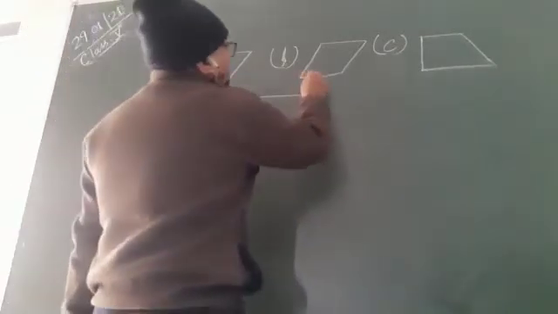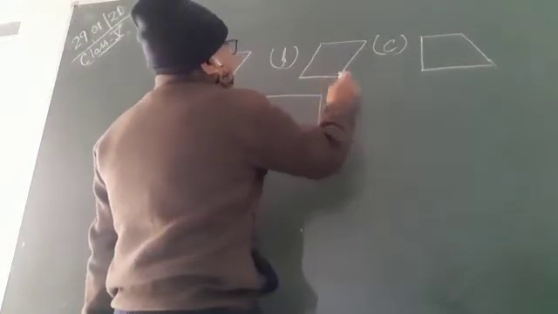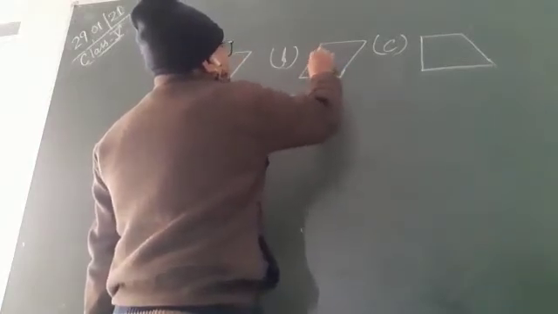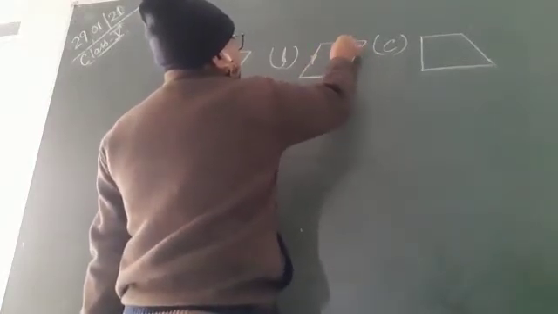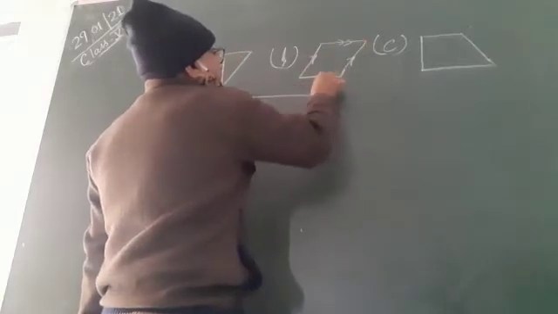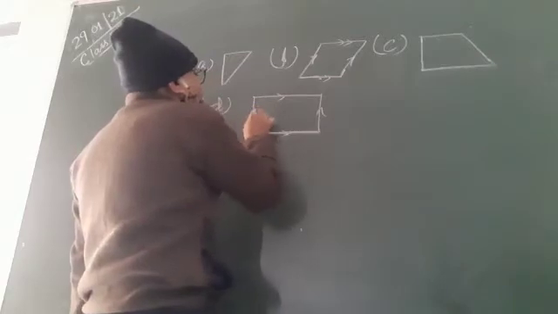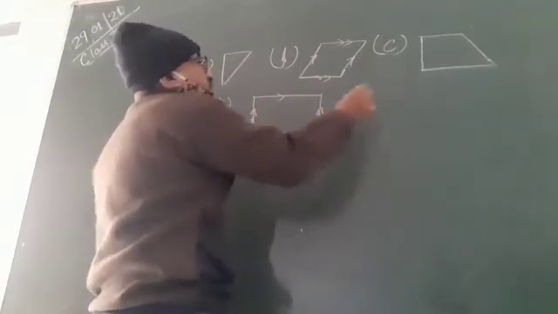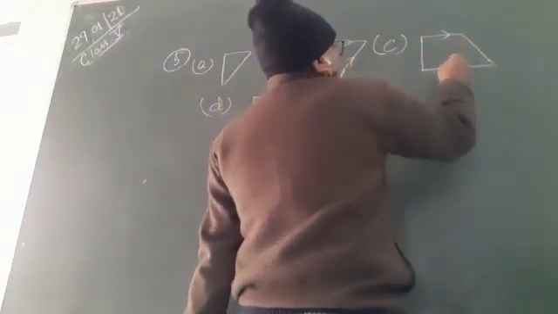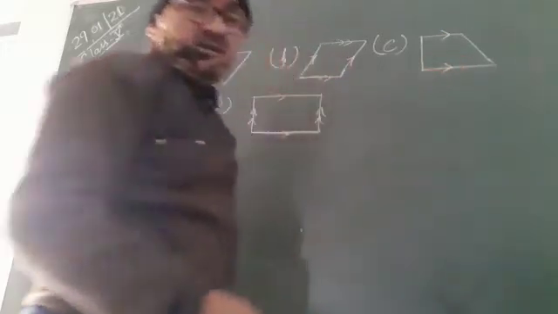Now these have two parallel lines. Here this line is parallel to this line, and this line is parallel to this line. These are two parallel lines. Only figure C has the two parallel lines.